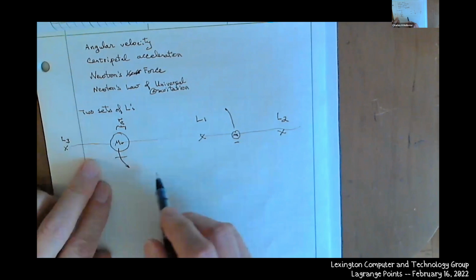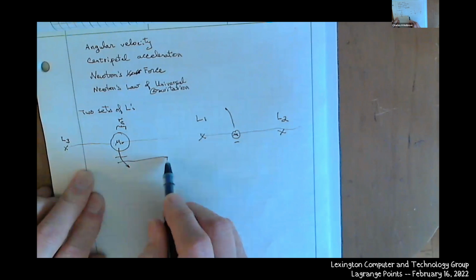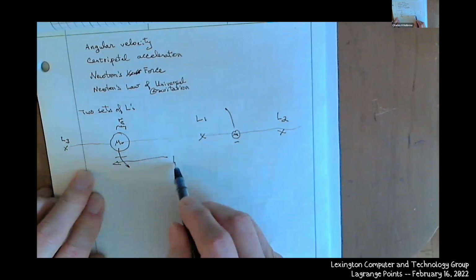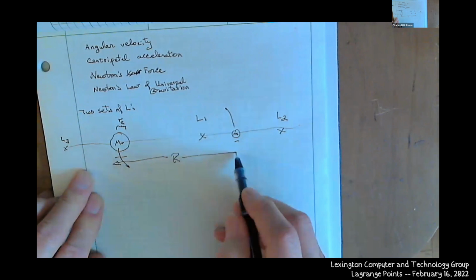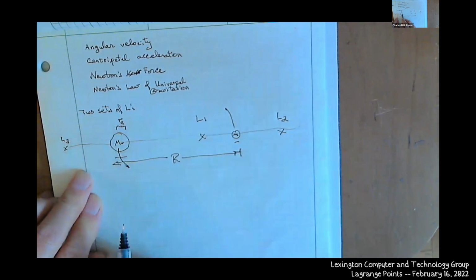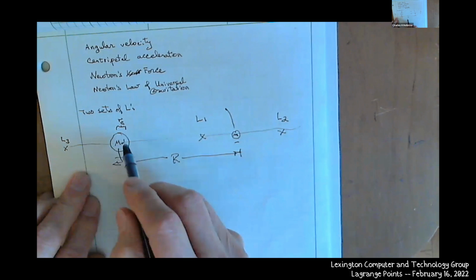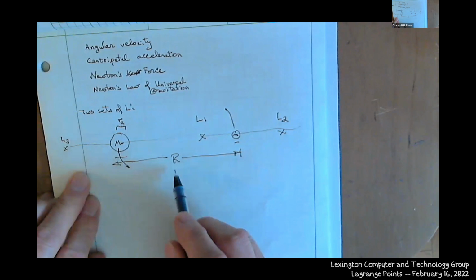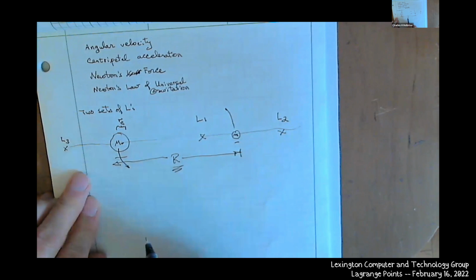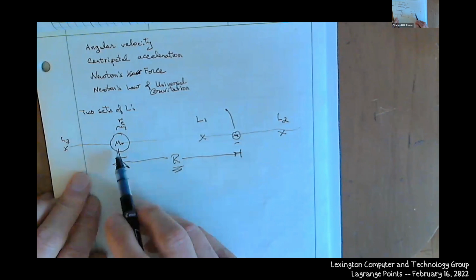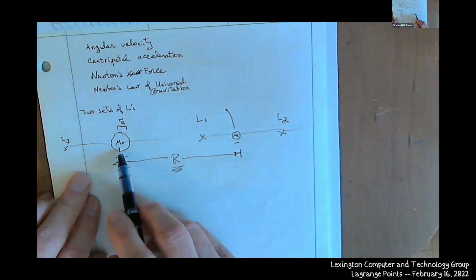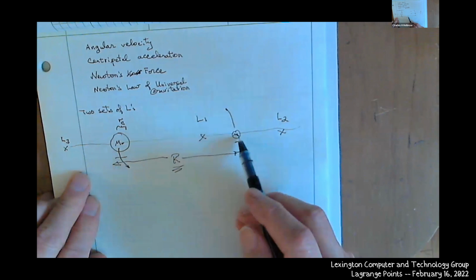Anyway, I just wanted you to know that the effect is that there's this distance between the centers of the two bodies, which I'm drawing like that, and so this turns out to be very important because it determines what the forces are that act. What force does this body exert on this one over here? Well, it depends on the inverse square of this distance, as you all know.